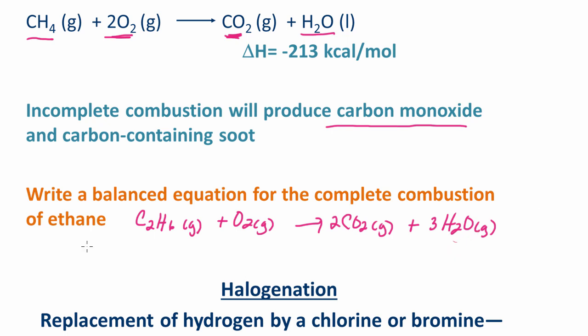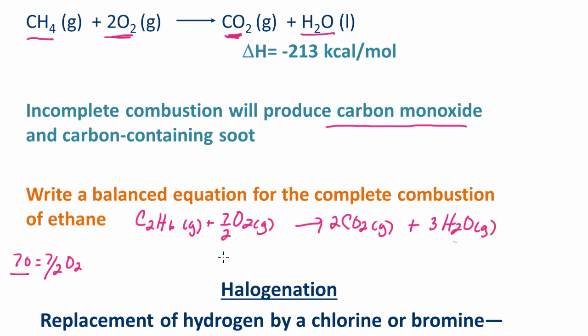Now, if you remember back from Chem 251, 7 oxygens would be equivalent to 7/2 of this molecular oxygen. 7 oxygen atoms, 7/2 of this would be 7 oxygen atoms. So I go ahead and put that 7/2 in front of the oxygen.